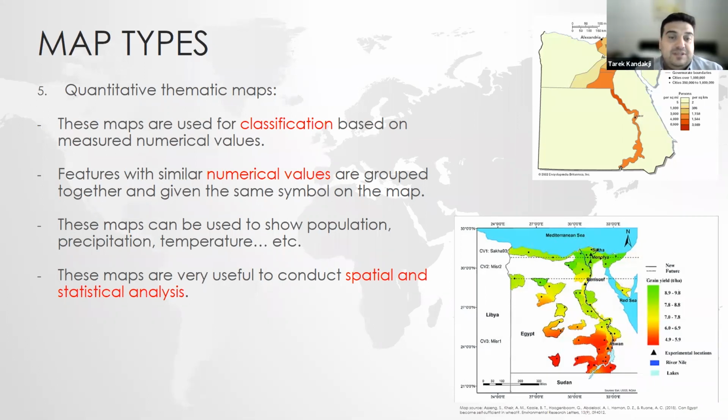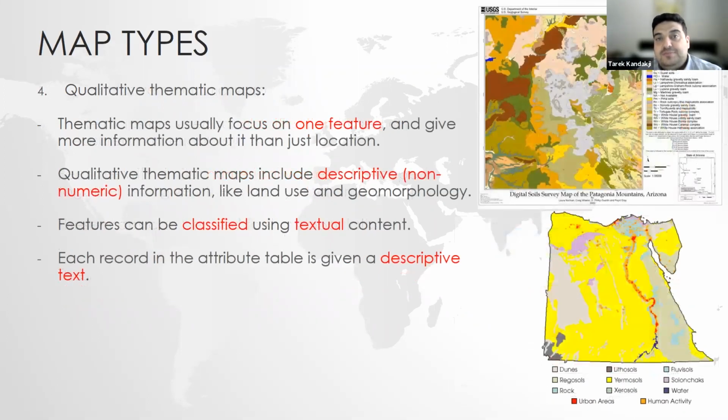These maps can be used to show population, precipitation, temperature, etc. They are very useful for spatial and statistical analysis. If you want to do quantitative analysis, not qualitative, and apply certain statistical methodologies, then you need quantitative thematic maps. Qualitative thematic maps may not necessarily be helpful unless you're doing some sort of qualitative analysis.